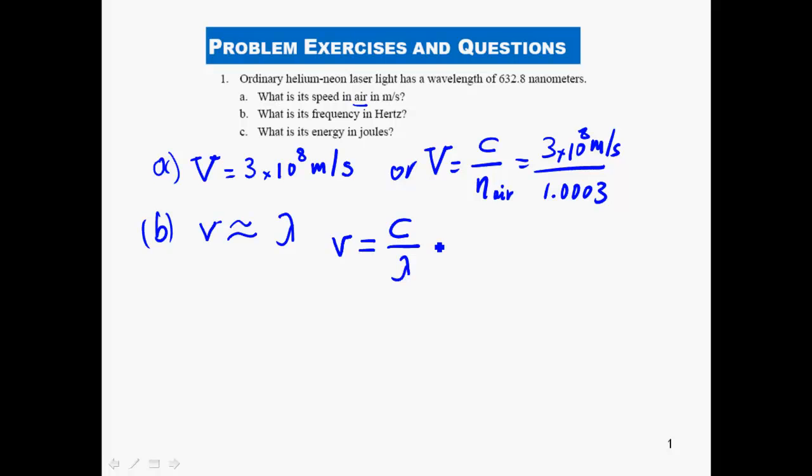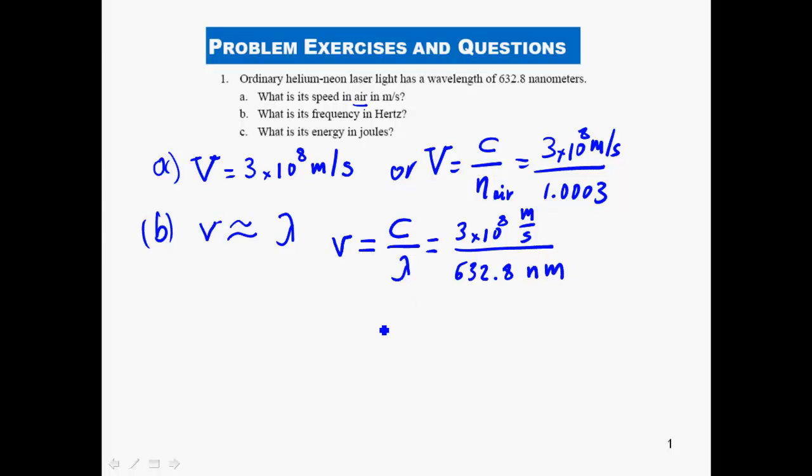Okay? So here you're going to say that nu is 3 times 10 to the 8th meters per second divided by lambda, which is 632.8 nanometers.